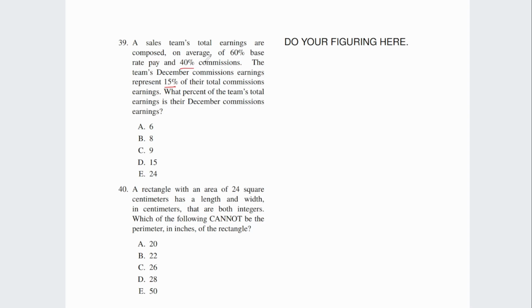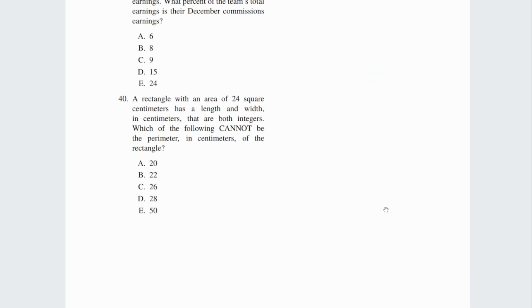Right? 15% of 40%. And then we're multiplying that back out to make a percentage. So we can just do in our calculator 0.4 times 0.15, which gets 0.06 or 6%.